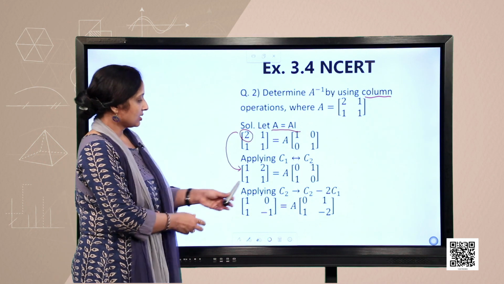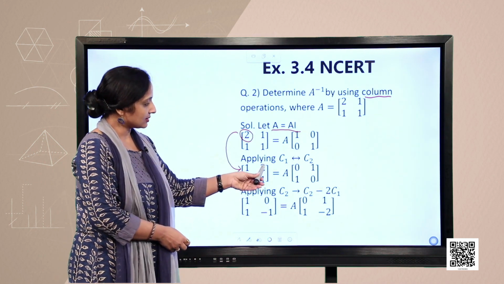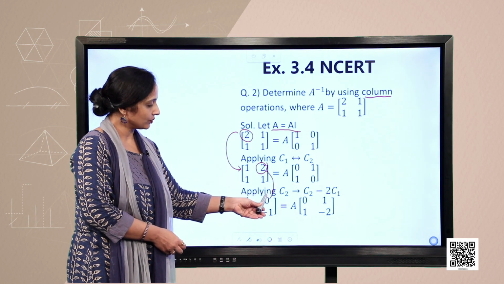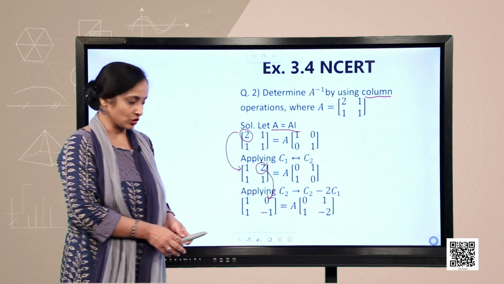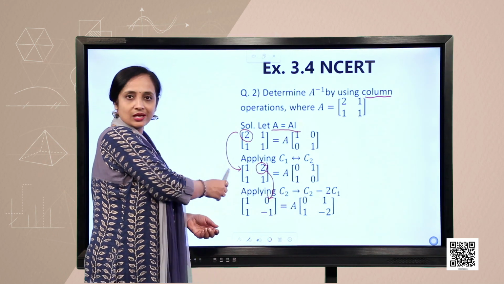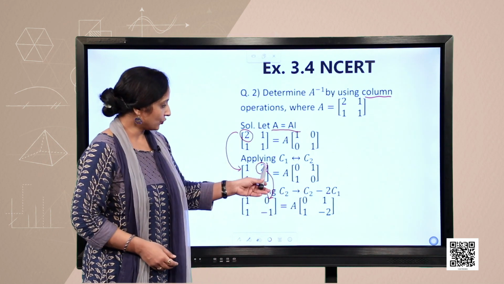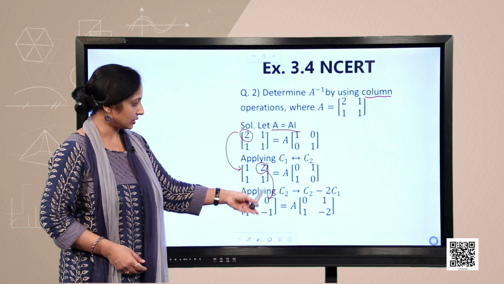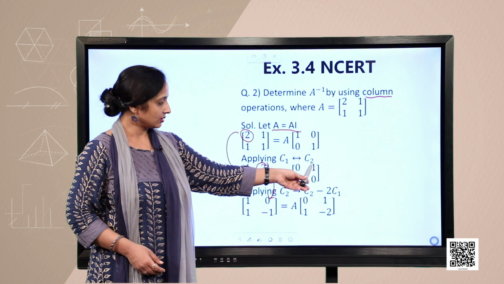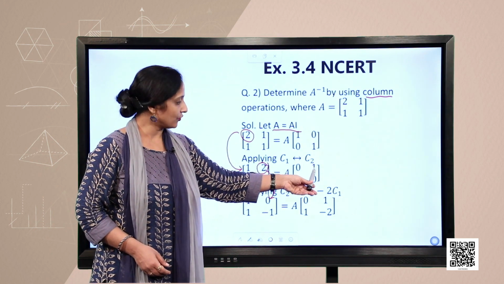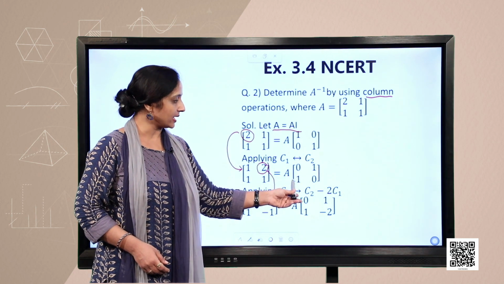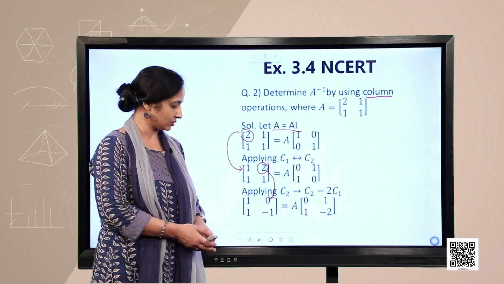After that, our next step is to make this element 2 as 0. For that, we apply C2 changes to C2 minus 2 times C1. So 2 minus 2 is 0, 1 minus 2 gives you minus 1. The same will be changed here: 1 minus 0 is 1, 0 minus 2 gives you minus 2.